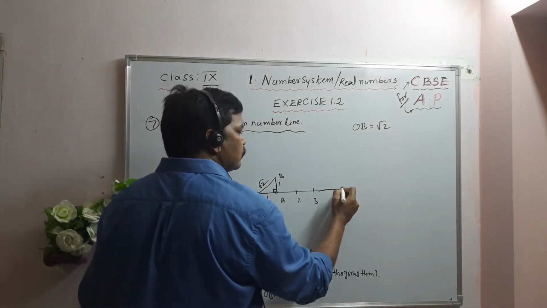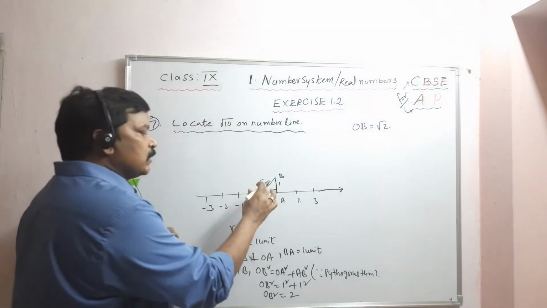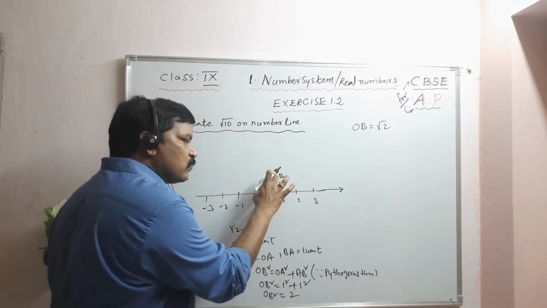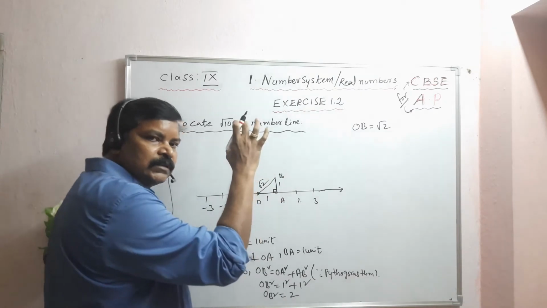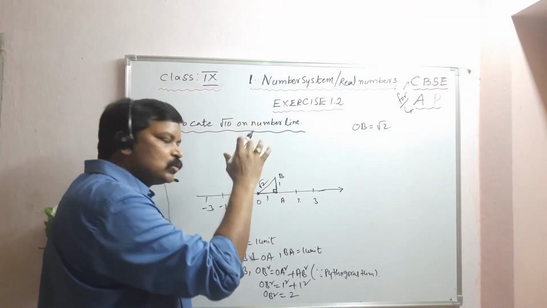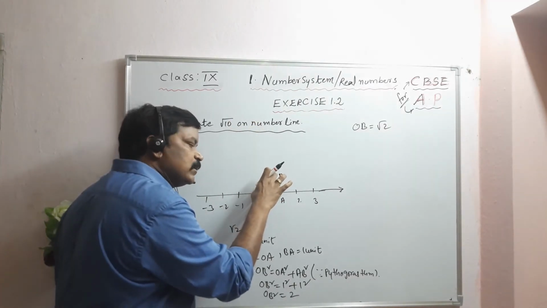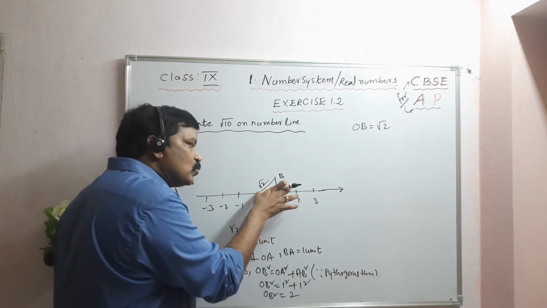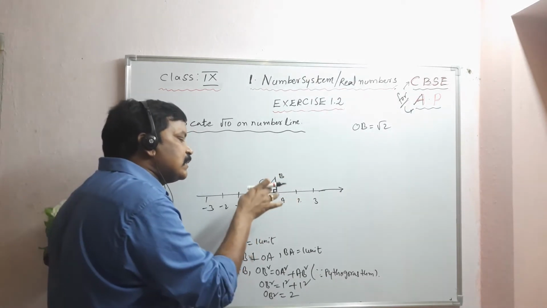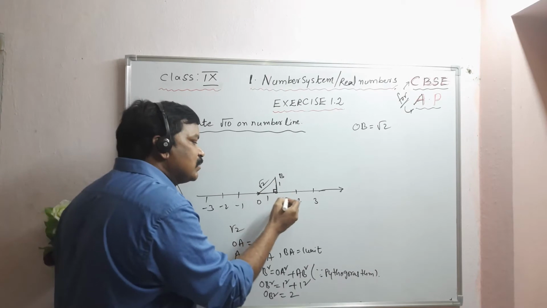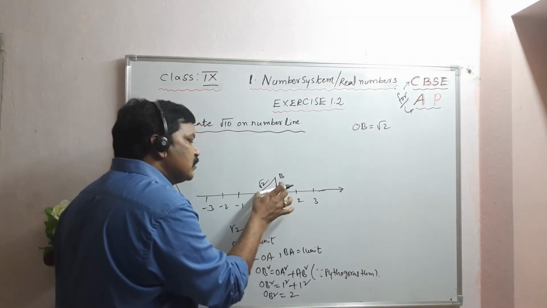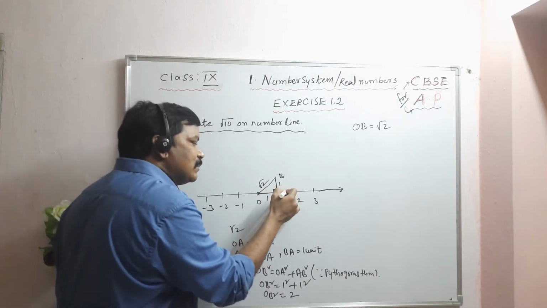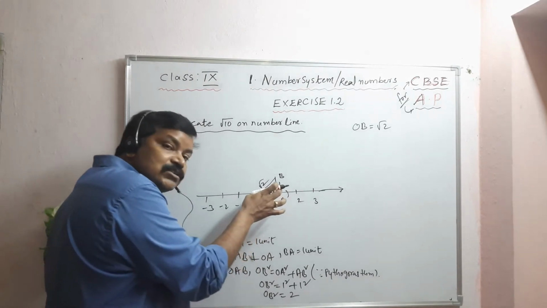Now take the radius of OB. By using a compass, take the length of OB. So with center O and OB as radius, draw an arc which intersects this number line like this. Understand, children?